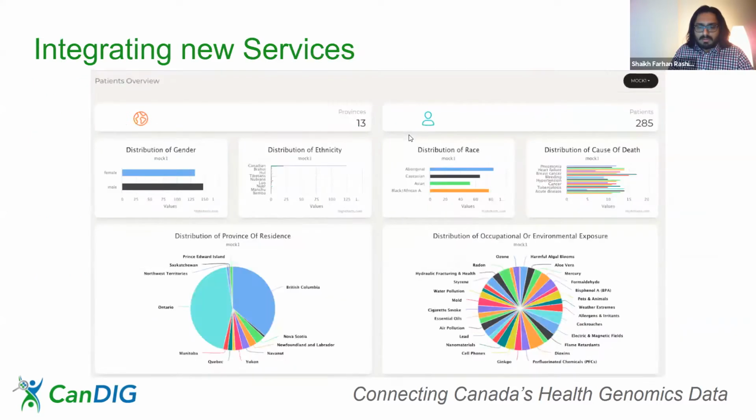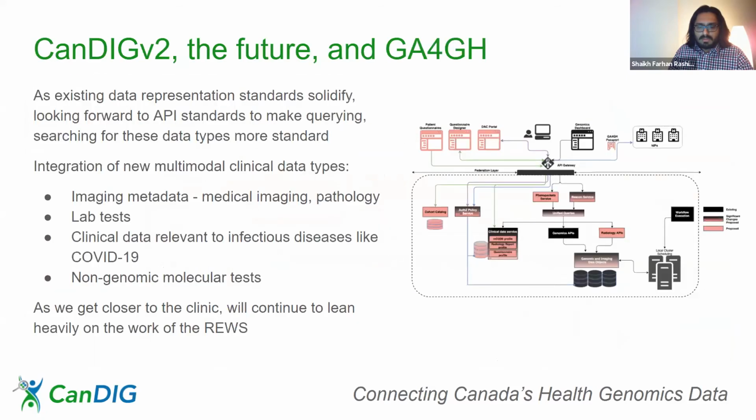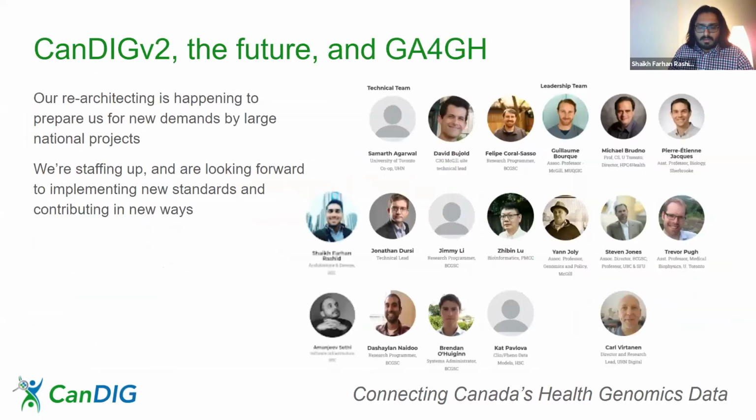I will skip over some of the work that we've done in integrating new services and just say that through this process, we have learned a lot and we are re-architecting, and as we are preparing for large national projects, we are always looking to increase our team.